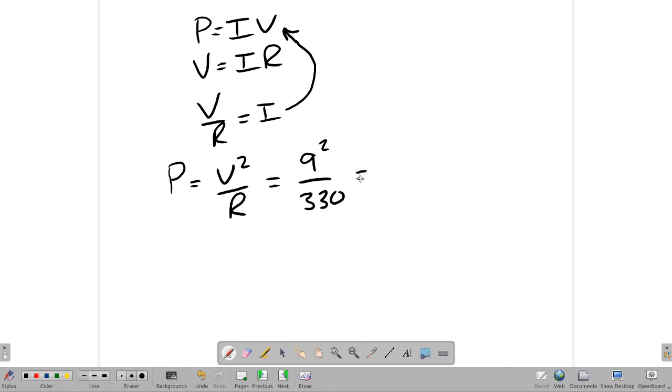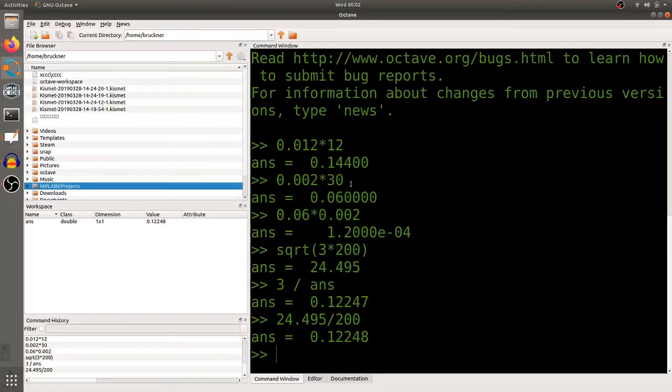And we'll just put this in the calculator. So 9 to the power of 2 divided by 330.